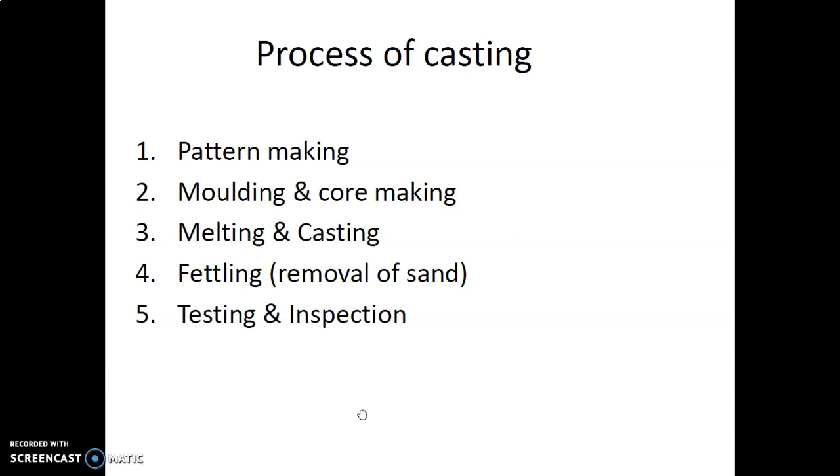And again we have to give some time for the casting to solidify, okay. Then removal of the sand, and testing and inspection. So these are the 5 steps which are very necessary in the casting process, okay.